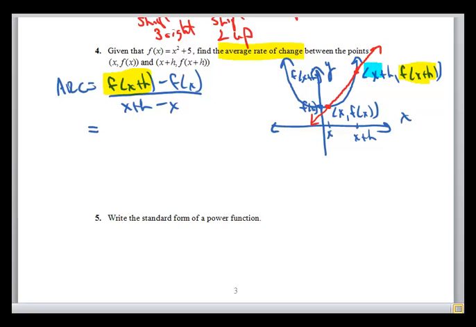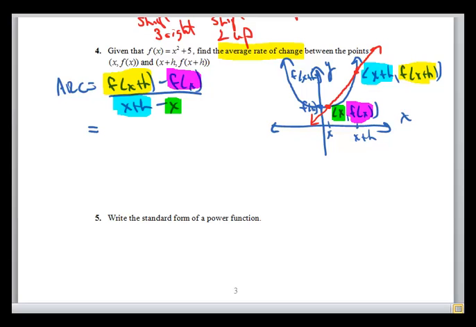This is your x2. This is your y1, and that's your x1. It's just y2 minus y1 over x2 minus x1.